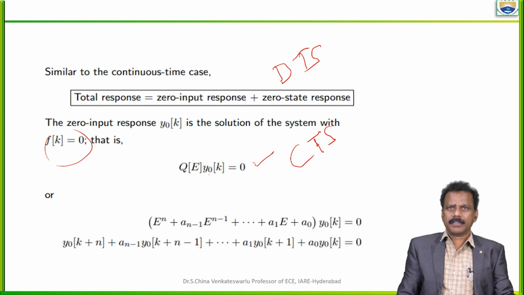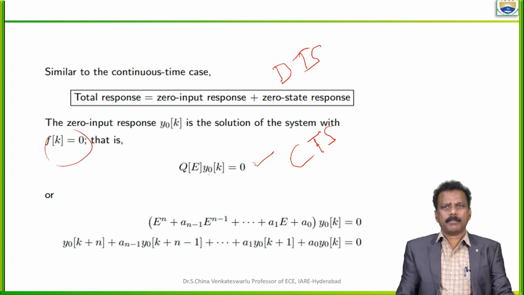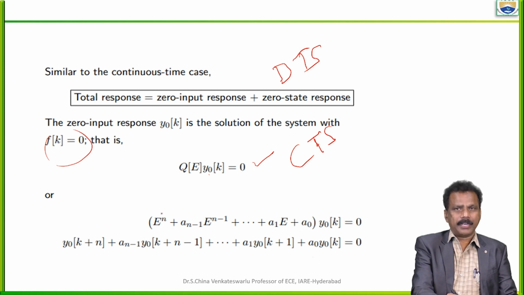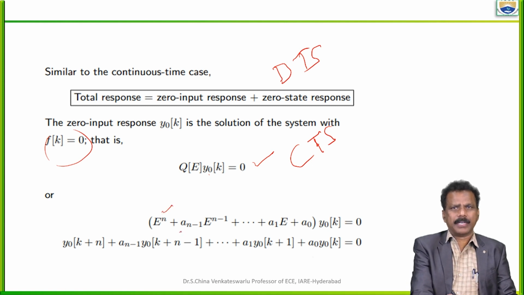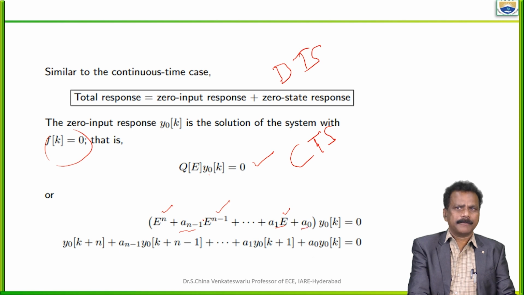It will be reflected with y0 of k as the solution of the system with f of k equal to 0, that is Q of E y0 of k equal to 0. If it is E^n plus a(n-1) into E^(n-1) plus so on plus a1 E plus a0, y0 of k equal to 0.